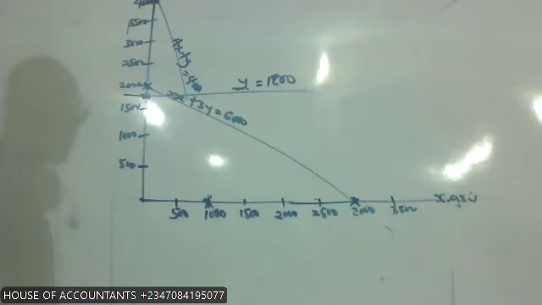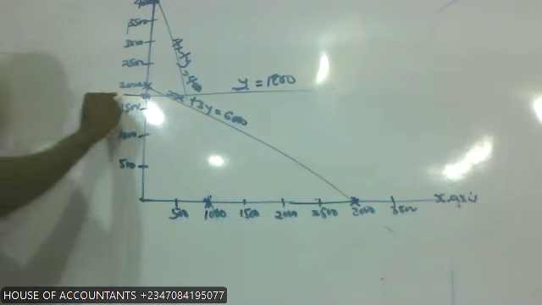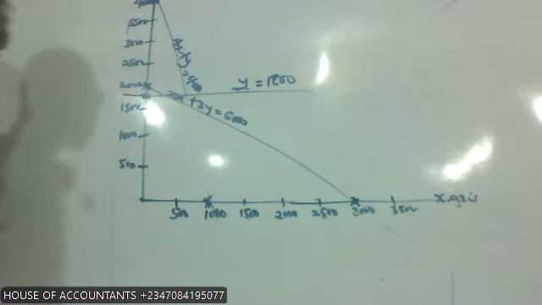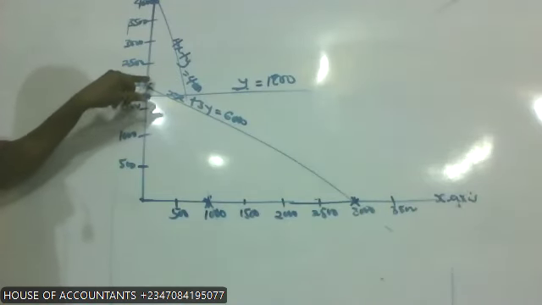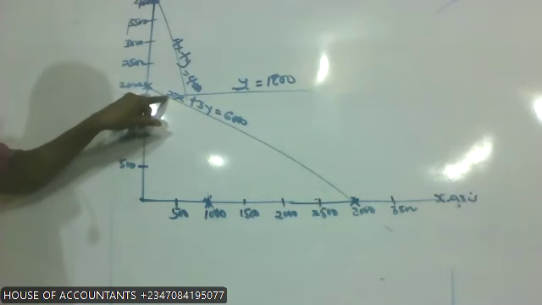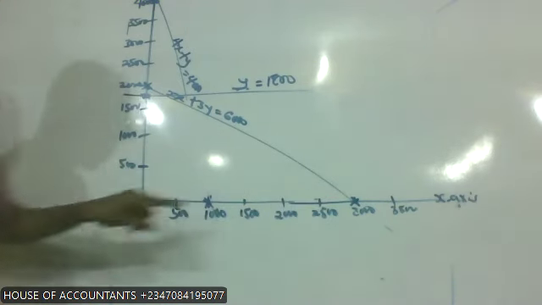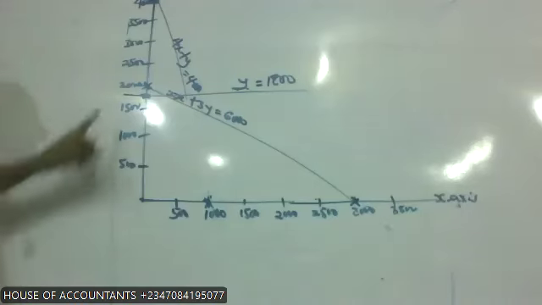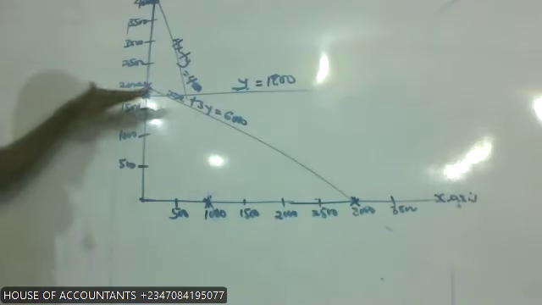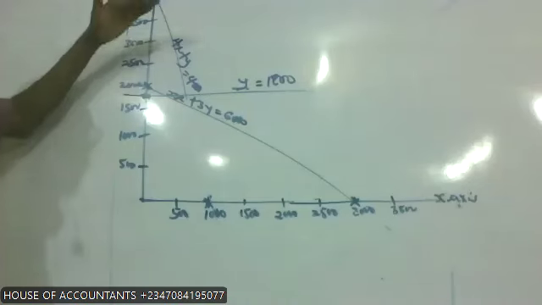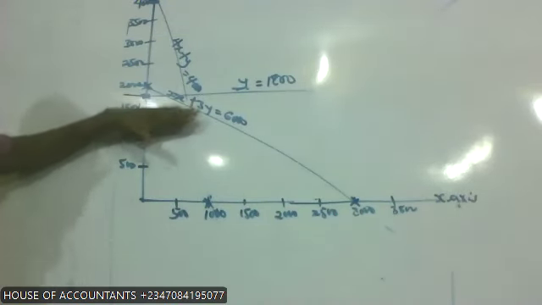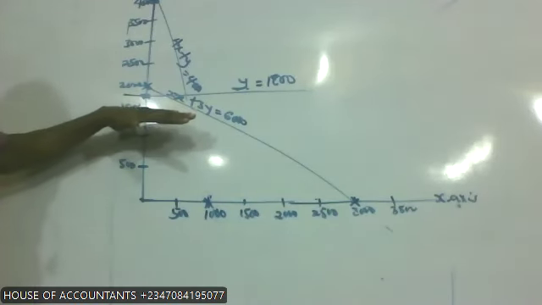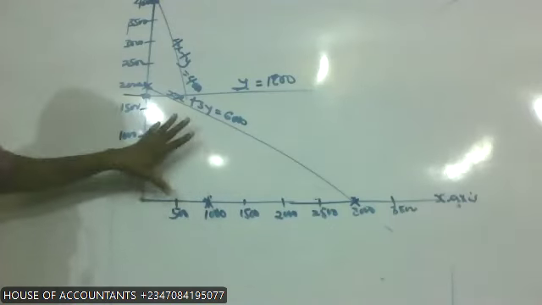Are we getting that now? And assuming this line is not there, it will have gone up a bit. But because this line is there already, it has demarcated, Abi, we cannot go beyond this line. We can only go below this line.